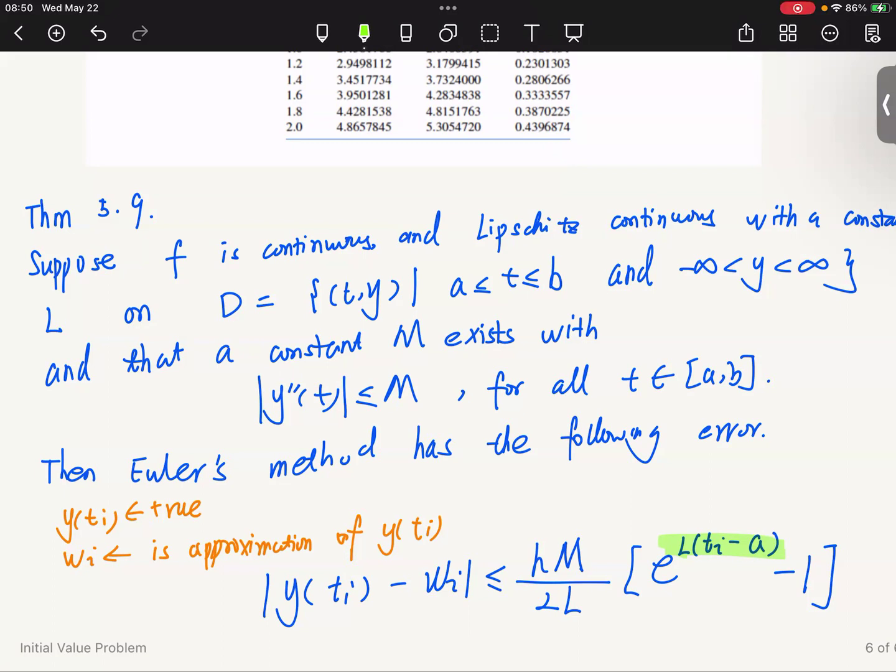Any questions about this theorem? We have several assumptions about the continuity of the f function, Lipschitz continuity, and the bound for the second derivative, and then we can write down the error terms in this way. This term explains why the error is becoming bigger and bigger. Any questions?